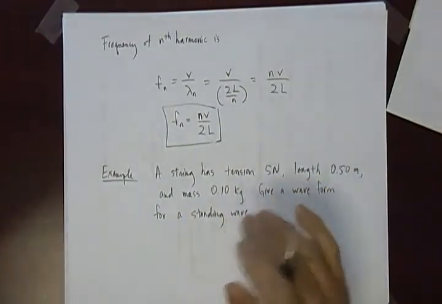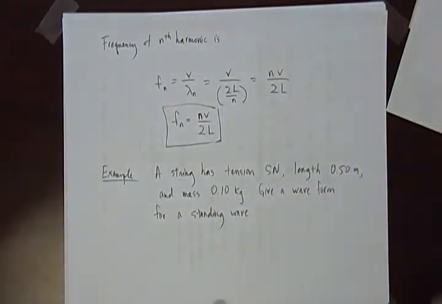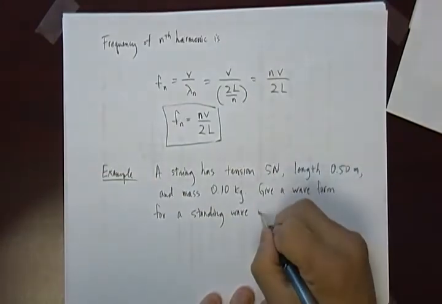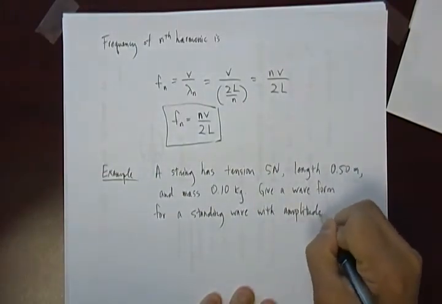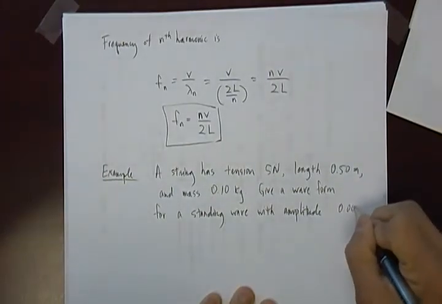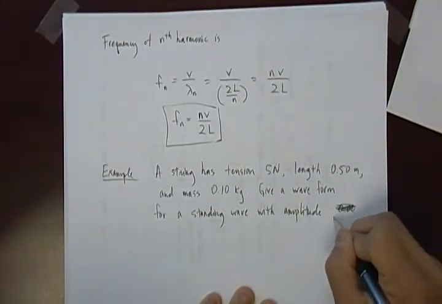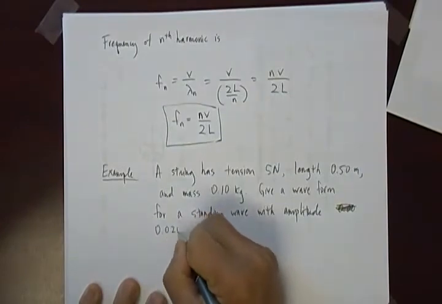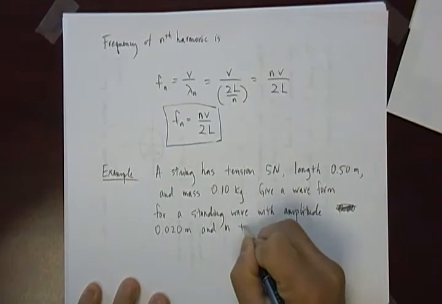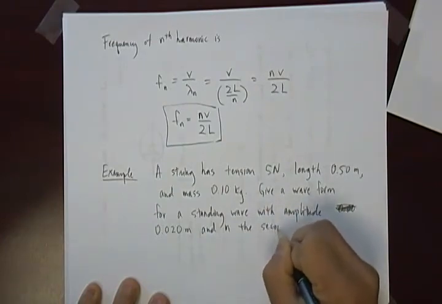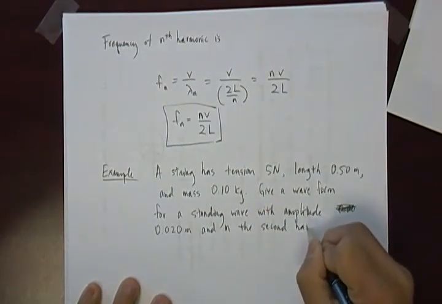You know, one of these sine of kx times cosine omega t things with amplitude 0.020 meters, and in the second harmonic.